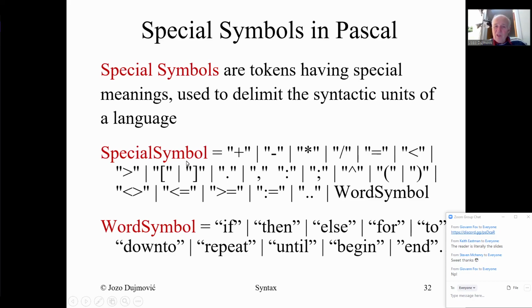You say special symbol equals, and this is the definition of this metalinguistic variable. Special symbol equals plus or minus or times or divide. So these are addition, subtraction, multiplication, and division. It is also possible to have special symbol written as div, D-I-V, and this is division defined as integer division.